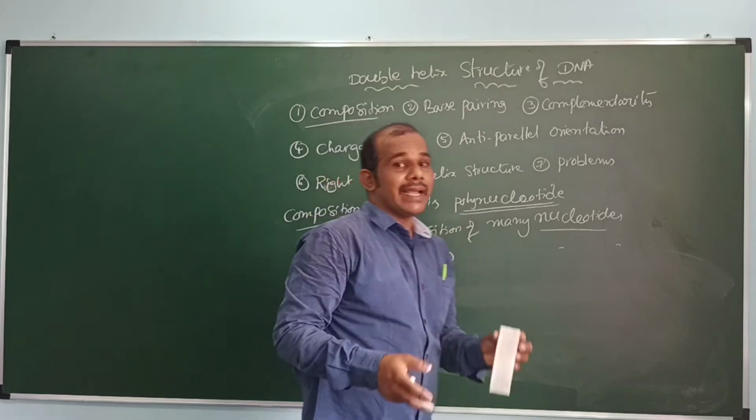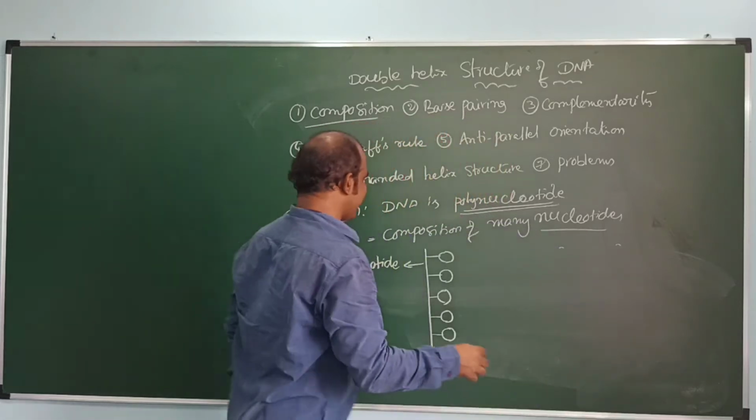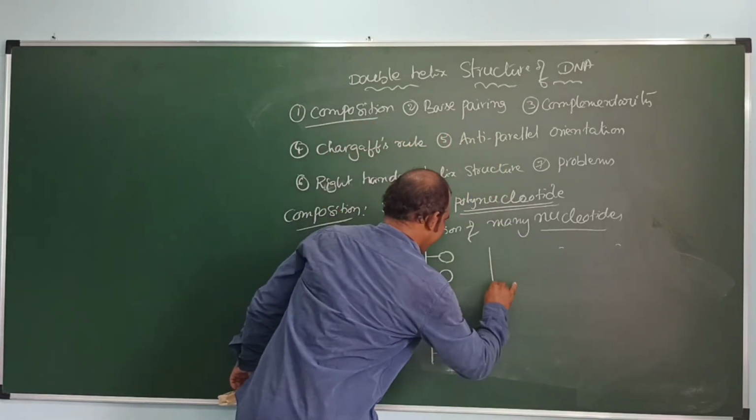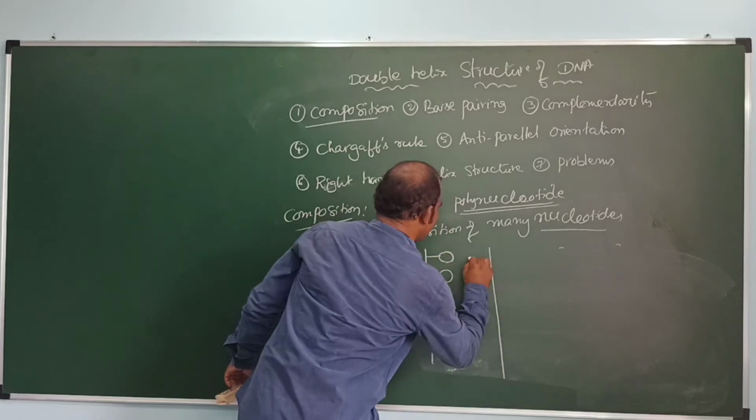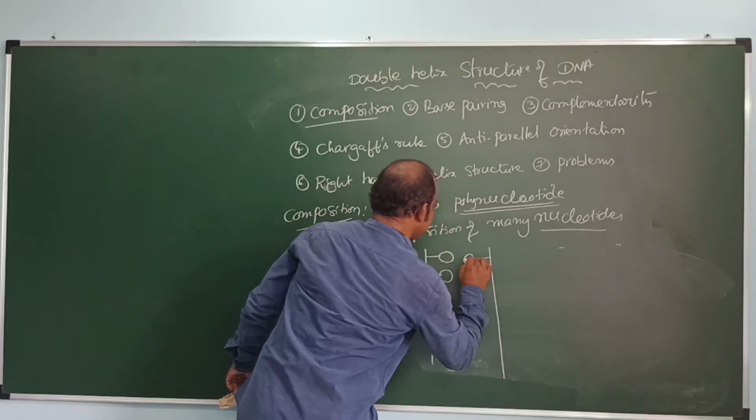Thus, the DNA is made up of two polynucleotide chains.